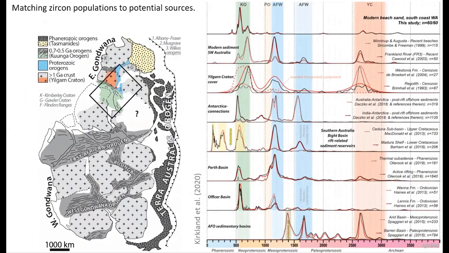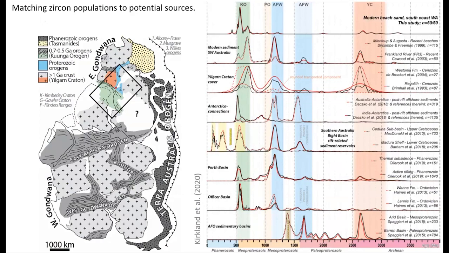So you can see that the Yilgarn Craton classic ages is explaining a lot of the older stuff. We have this Albany Fraser Wilkes and maybe Musgrave Province explaining lots of the Proterozoic material. We've got some Pinjarra origin, we've got some Kunga, and we have some Eastern Australia material there as well. So here we were looking at the similarity of these different sedimentary basins and trying to understand the sources that they came from. So relatively simplistic ideas.